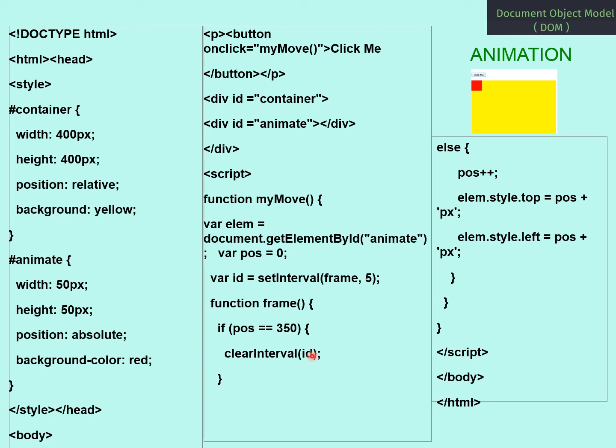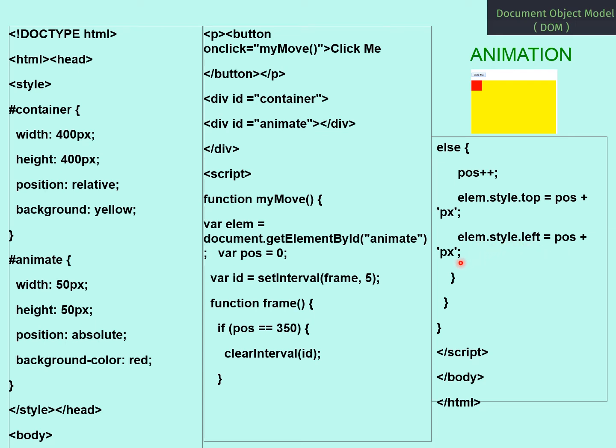Otherwise, if the position is not equal to 350, we increase the position, position plus plus. Then element.style.top is equal to position plus pixel. Element actually contains the animate data. Then element.style.left is equal to position plus pixel.